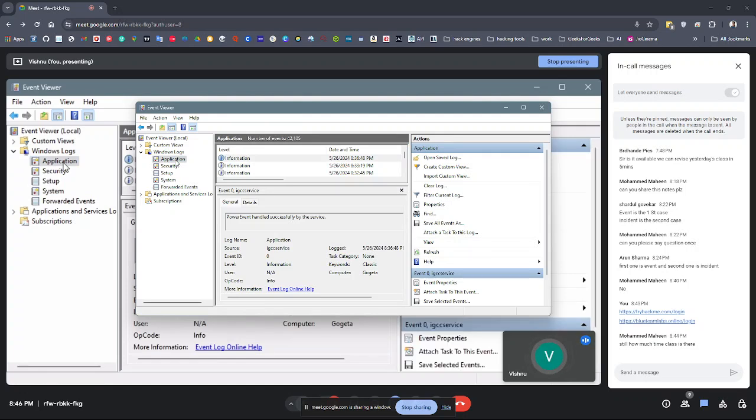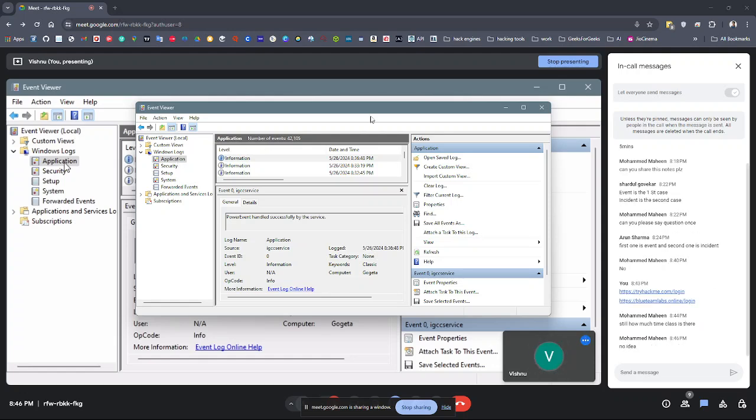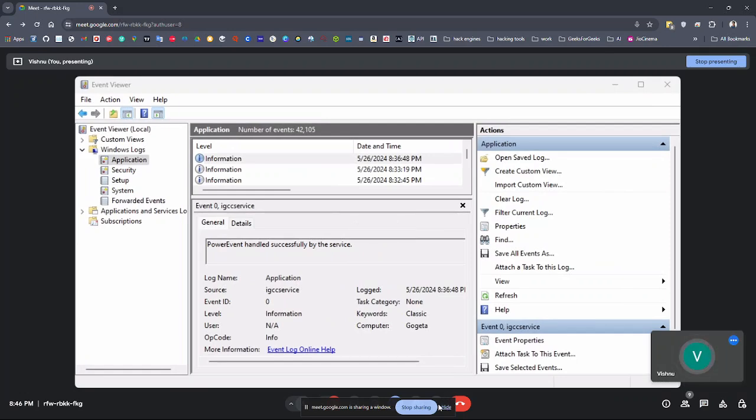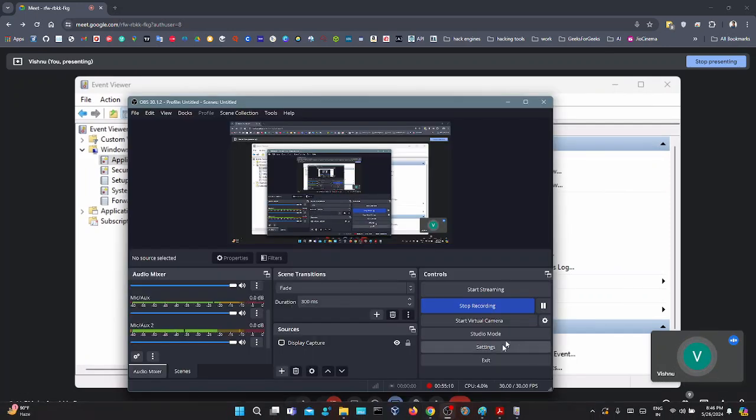I will give you 10 minutes. Please go through your own system and tell me where you can find the Windows firewall log. These are all part of the practicals, all part of the labs.